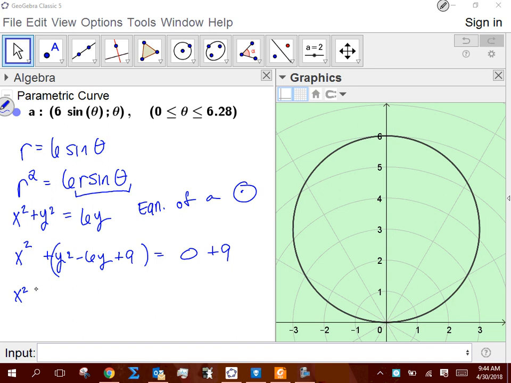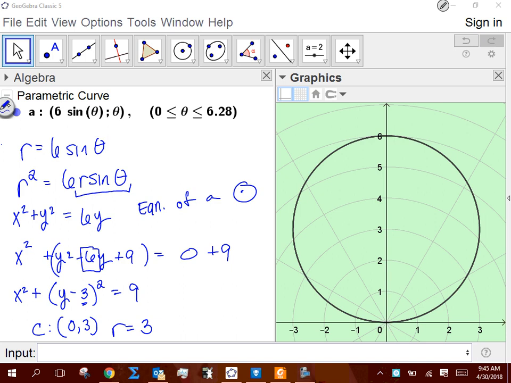Now the reason we complete the square is because that just created a perfect trinomial, which means that it can be written as a binomial squared. That 3 right there is always half of that number there. And now hopefully you can tell me that the center is located at 0, 3, and the radius is 3 units.